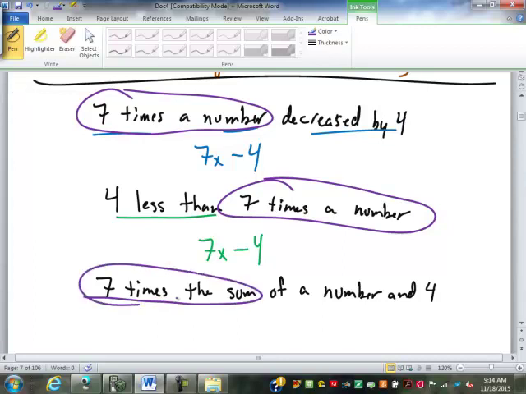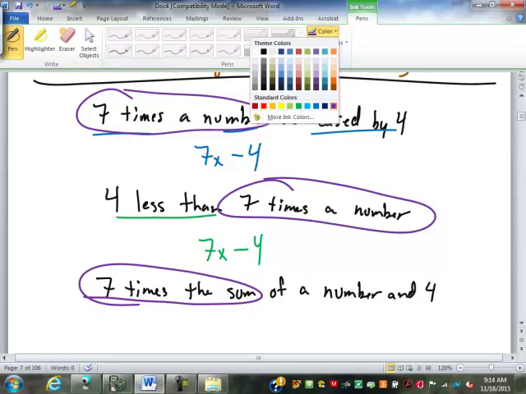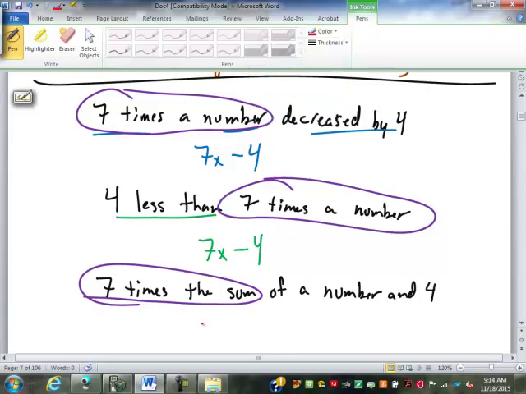What is a sum? Careful. It's still 7 times x plus 4. Okay, that's exactly it. The sum is the result of an addition problem. So the sum of the number and 4, x plus 4, has to happen first. And the way we signify that it has to happen first, we put it in parentheses. So it's 7 times that in parentheses.